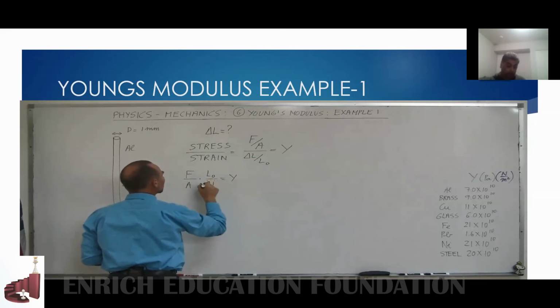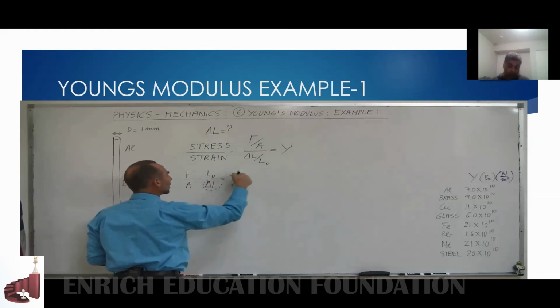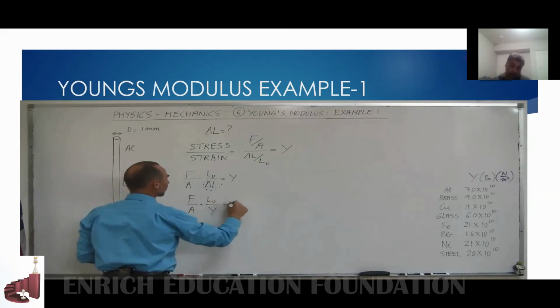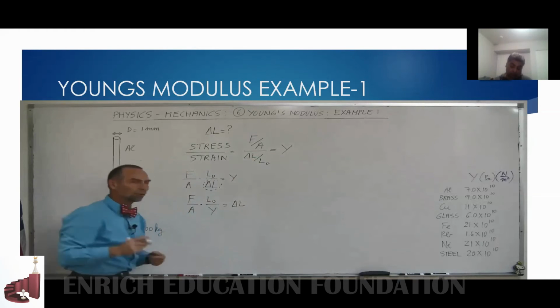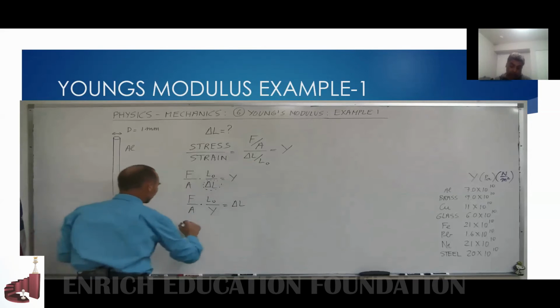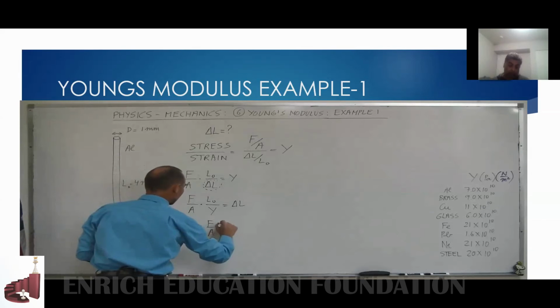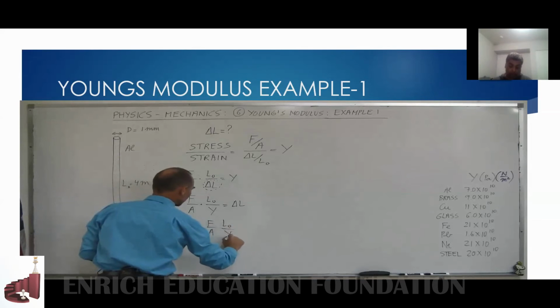And since we're looking for the change in the length, I'm going to cross multiply, bring the Y over here, bring the delta L over there. So force divided by area times L sub naught divided by Young's modulus equals the change in the length. So reversing the equation, turning it around, we can write delta L is equal to F over A times initial length divided by Young's modulus.